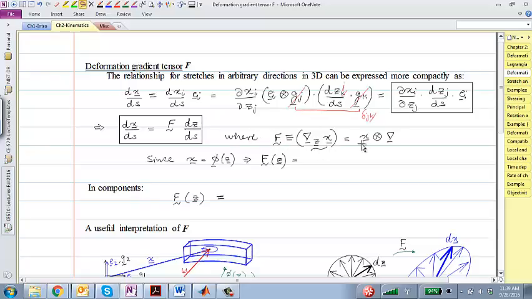Gradient of a vector field is nothing but a tensor field, right? So F is indeed a tensor field. And this gradient is, of course, with respect to z. That's one way to write it. And with slightly ambiguous notation, some people write it as partial x, partial z. These are all the same thing. They are all referring to the exact same thing.